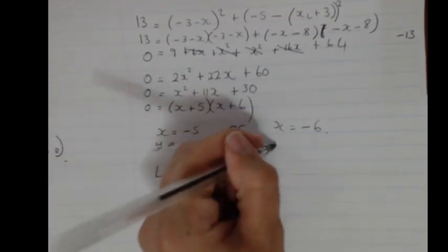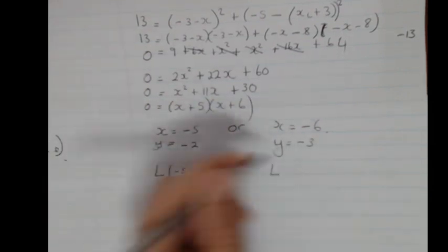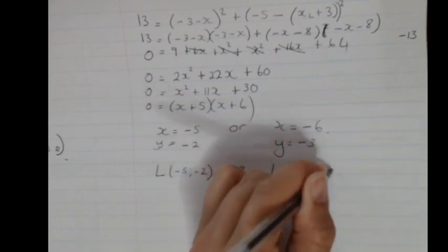Or the y value can be x plus 3, negative 3. So the L value can be negative 6, negative 3. Negative 5, negative 2, or negative 6, negative 3.